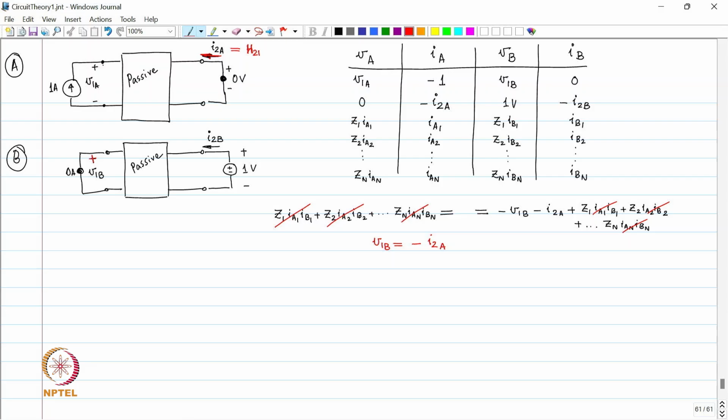So, I 2 A was H 21, okay. And in experiment 2, port 2 you applied 1 volt, port 1 was open circuited. So, V 1 B is equal to H 12, okay. So, what does this tell you? H 12 is equal to minus H 21 in this case. Fine.